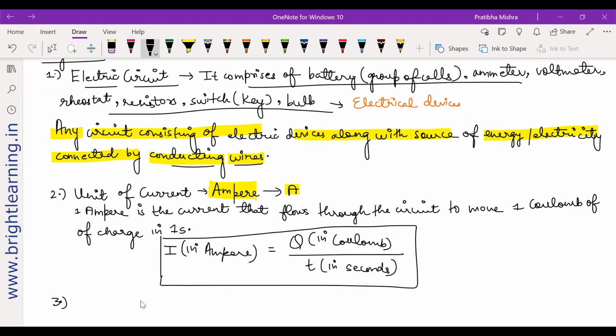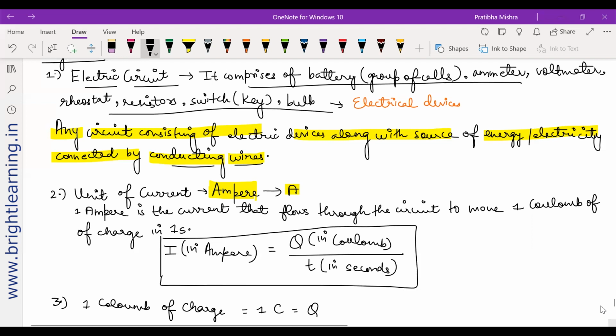Now they are asking you, how do you find the number of electrons in 1 coulomb of charge? 1 coulomb of charge can be denoted as 1 C, where C is the coulomb. It can also be denoted as Q. Basically, Q is nothing but 1 coulomb of charge.